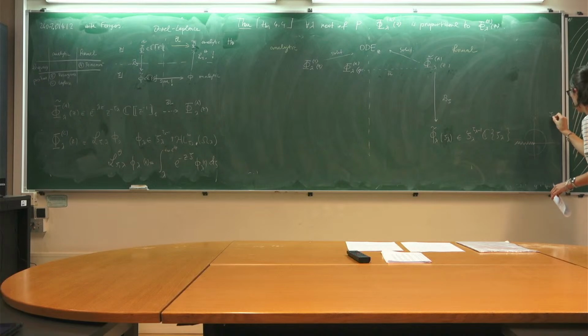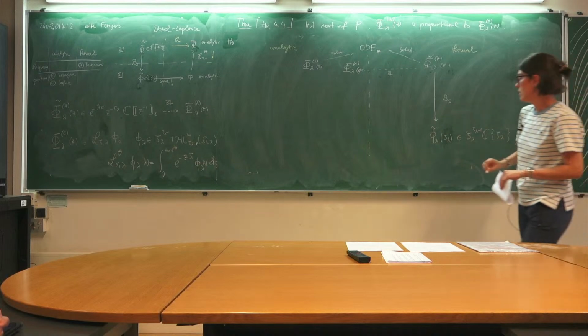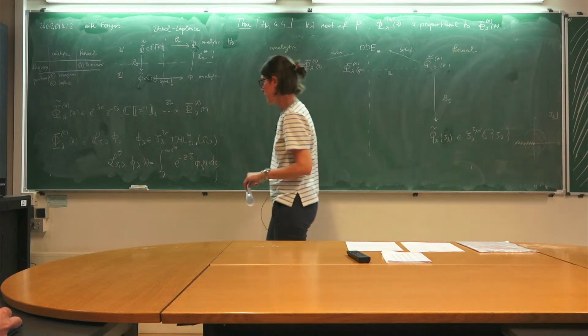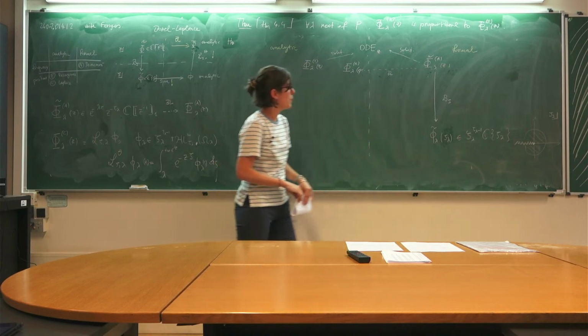Let me just write, I choose as natural coordinate zeta lambda. So this is in fact 0. So this function is convergent inside this disk. And this is just from the definition. This we can always do because it's formal.